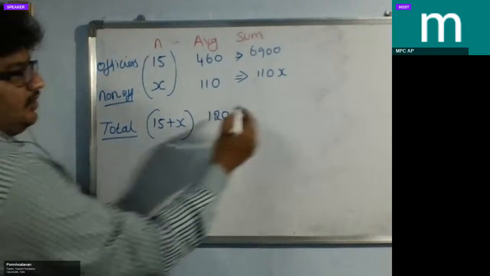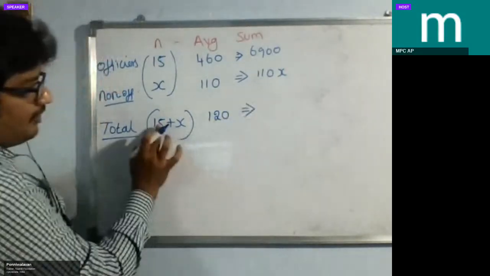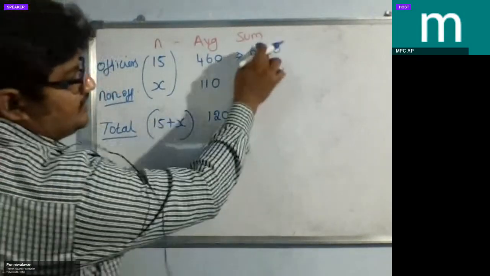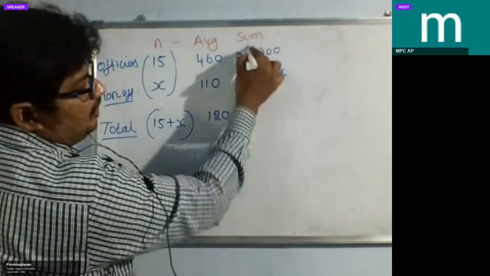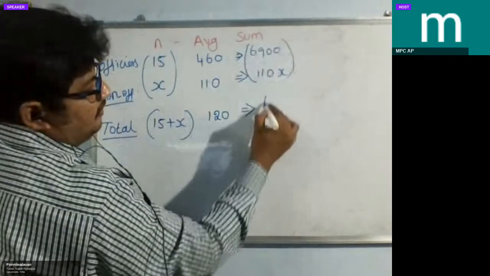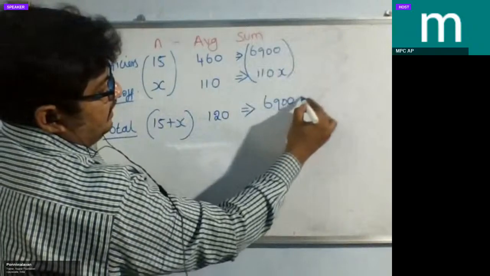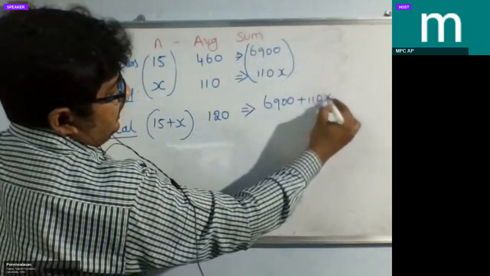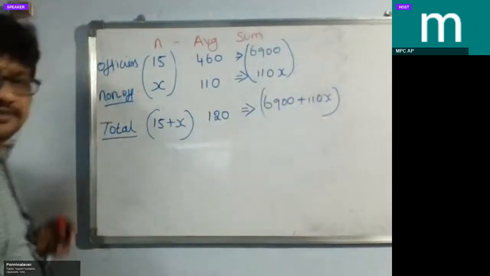Now from this, what is the sum you can find? 6,900 plus 110x.